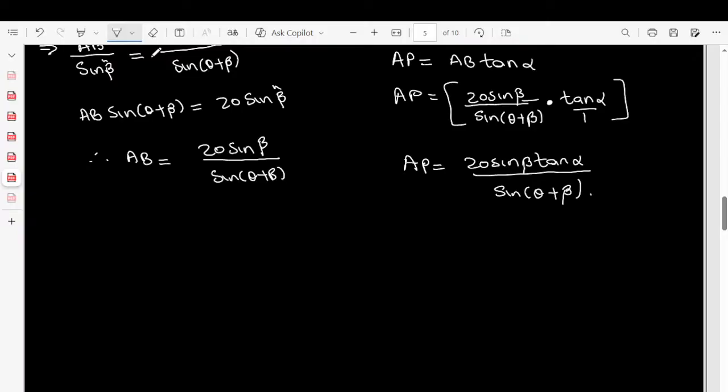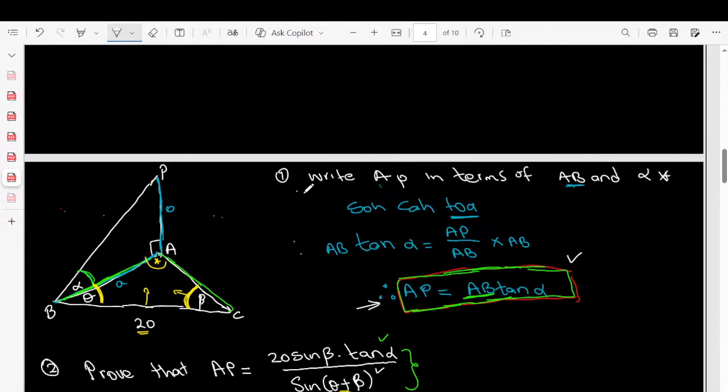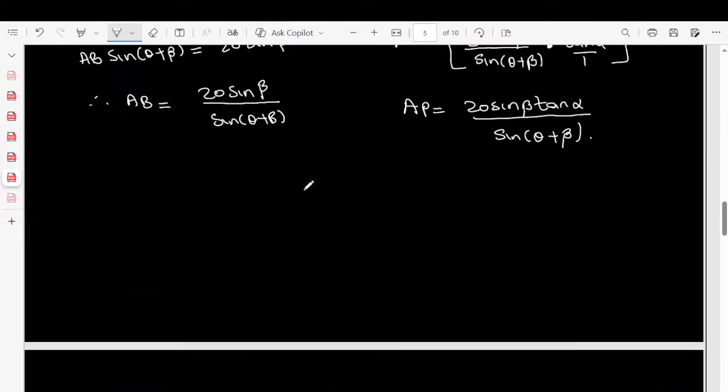Okay, let's try to answer this one, né? That will be the last question for this one. Let's say this will be question 3, né? Number 3. Remember, I'm saying this is from a past paper. Let's say they say we are given that AB, which is the one that we calculated, is equal to AC.